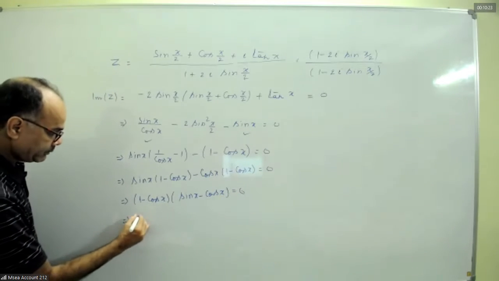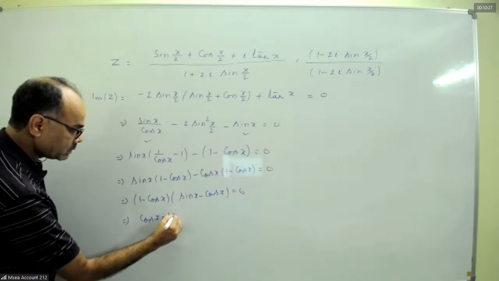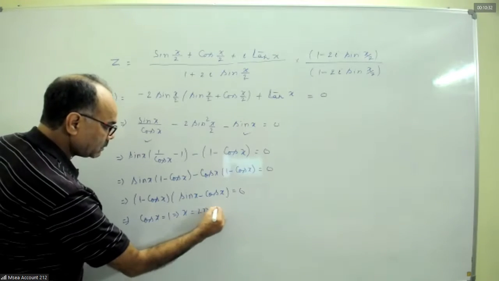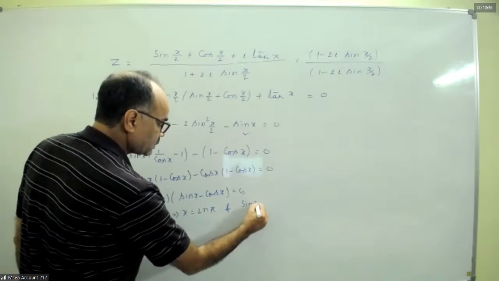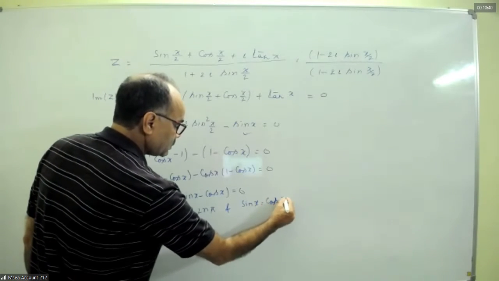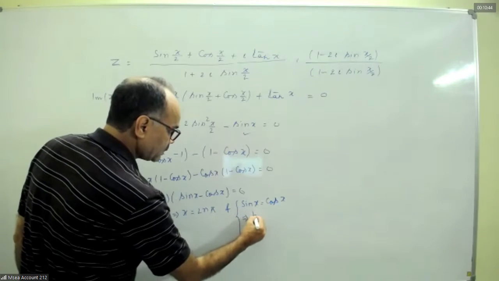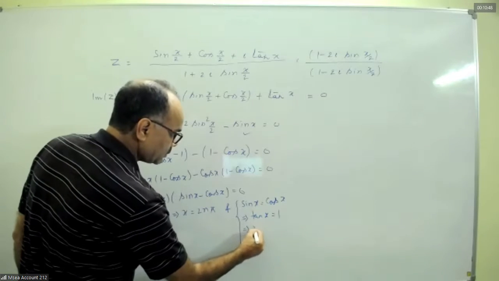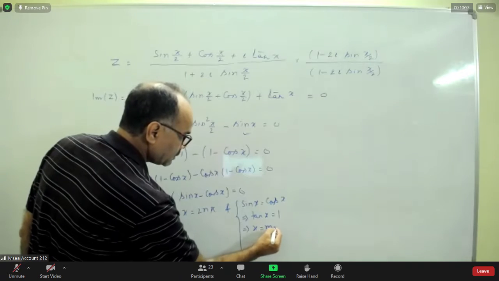From here we have cos x equal to 1, x equal to 2n pi. And sin x equal to cos x, tan x is 1, so x equals m pi.